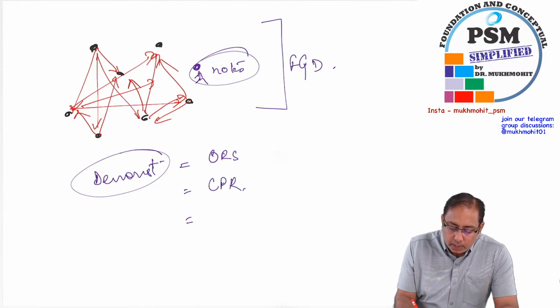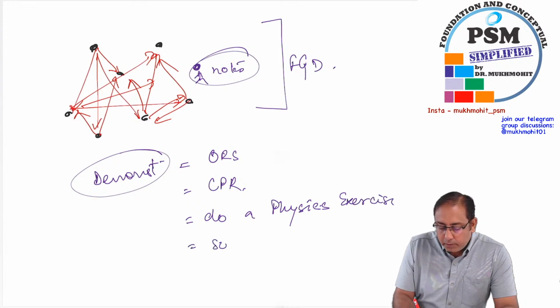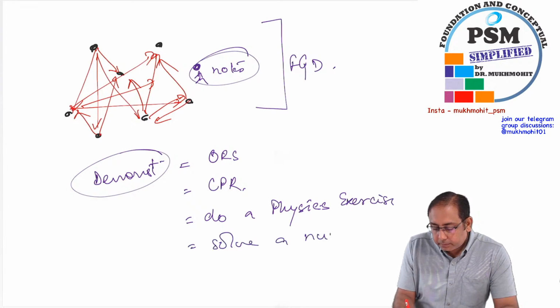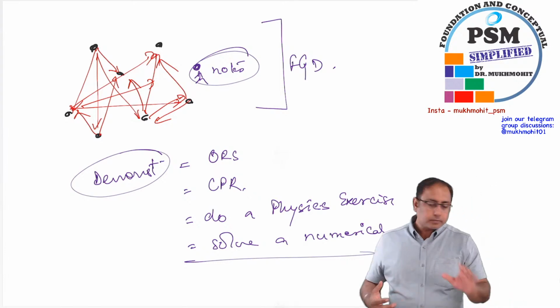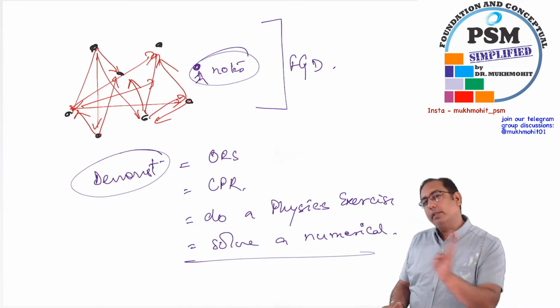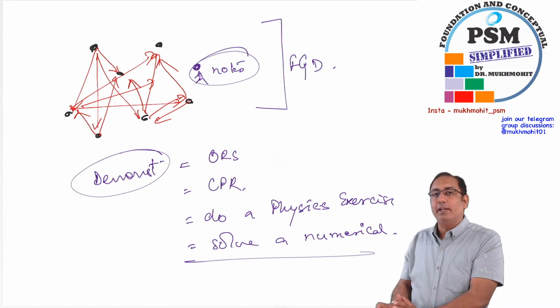Or demonstration is how to do physics exercise, how to solve a numerical. So it actually works on your cognitive and a psychomotor skill, more on cognitive rather than psychomotor. So it gives you the knowledge component of doing a skill.